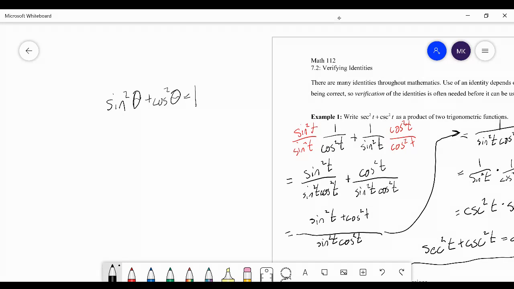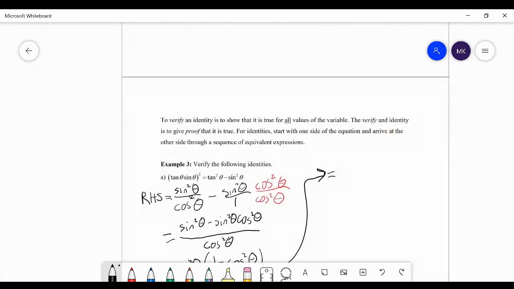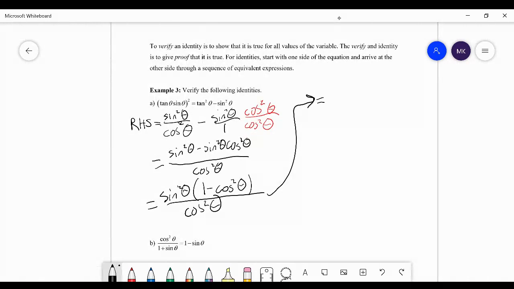Remember, I can isolate any of these I want. And I know that sine squared theta is equal to 1 minus cosine squared theta. So in this parentheses here, this 1 minus cosine squared theta is sine squared theta. So this becomes sine squared theta times sine squared theta divided by cosine squared theta. We're almost there.